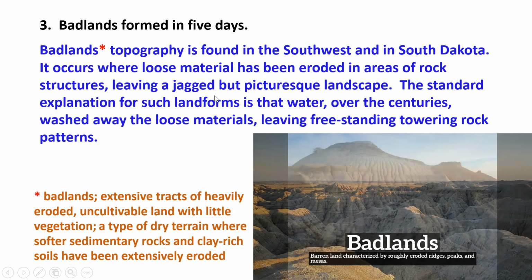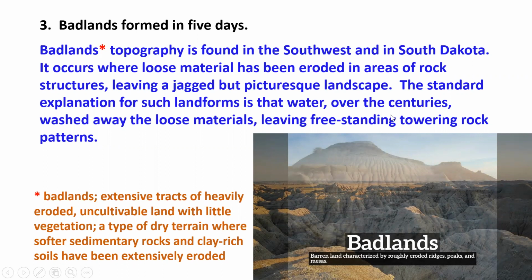Okay, the standard explanation for such landforms is that water over centuries washed away the loose materials, leaving freestanding towering rock patterns. So all the strange shapes that are there, supposedly, according to how evolutionists explain, it's water over centuries washing away the loose bits until the funny shape just stands there.